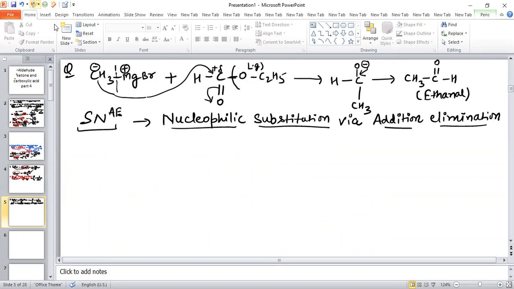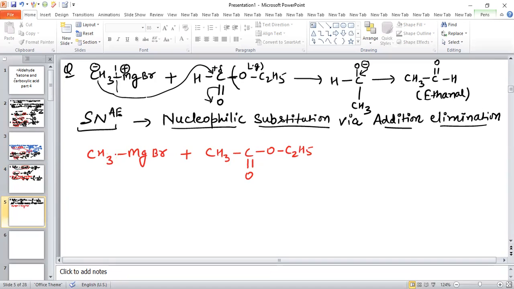Now you can easily see in this case how the mechanism of this reaction works. Suppose we have CH3 MgBr, and the compound we are having is CH3 C double bond O and OC2H5.